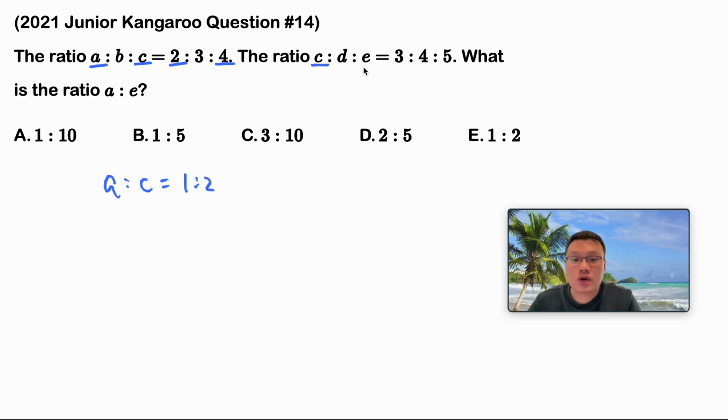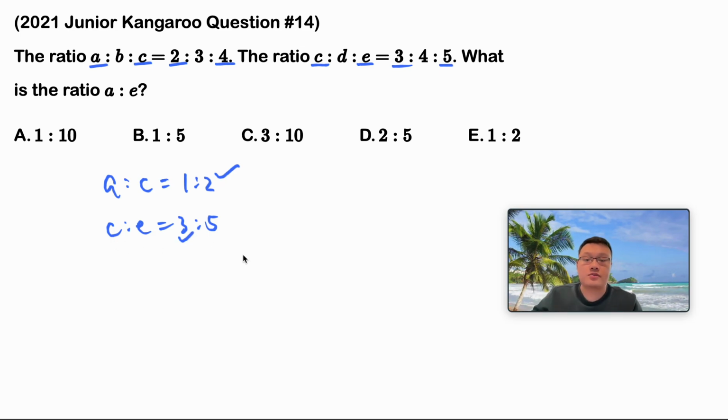And then C to E will be 3 to 5, right? So C to E is 3 to 5. In these two different ratios, in the first one, C is 2 parts, and in the second one, it's 3 parts. So you have to find the lowest common multiple of these two numbers, right? So for 2 and 3, the lowest common multiple is 6.